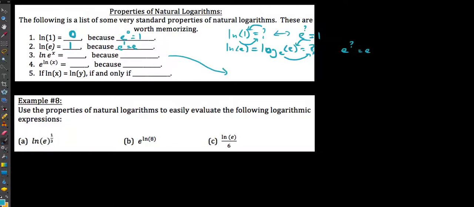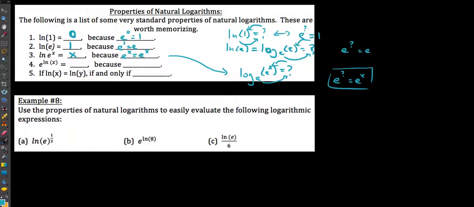So if I were to write the base, this would say the same thing as log base e of e to the x. If we're trying to answer this question, rewriting it into exponential form might be helpful. We say e to the what equals e to the x. The only way this could be true is if we get x here. And why is this? Just because of this right here. If we rewrite it, what we're getting is e to the x equals e to the x.